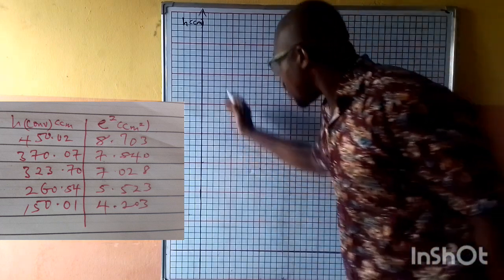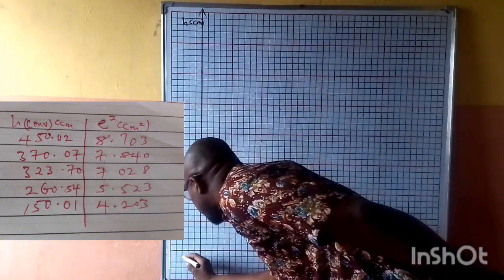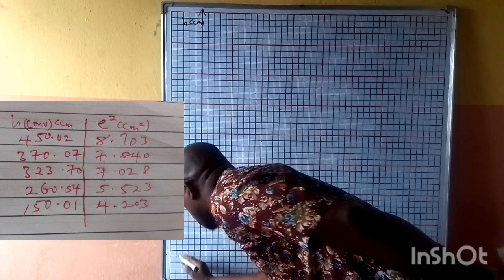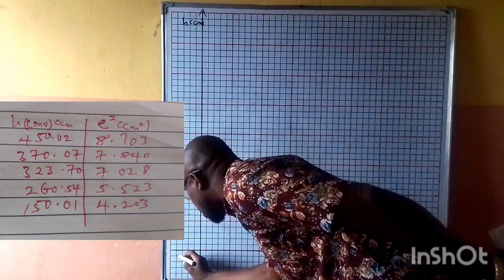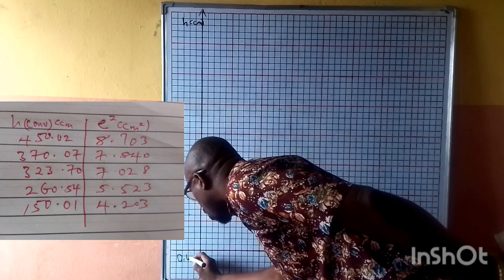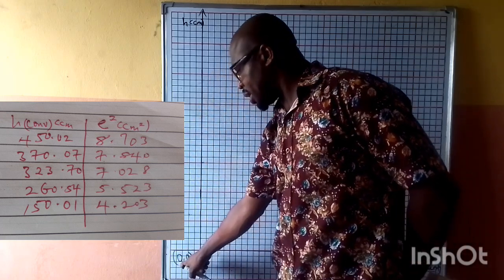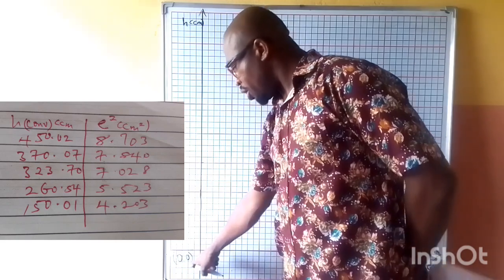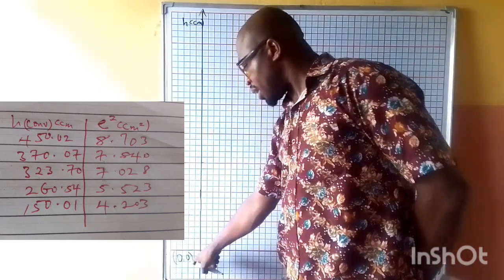Now, after indicating your axis, the next thing we'll have is here, because we are starting from the origin. If you are starting from the origin, please indicate it as 0, 0, meaning that the horizontal axis is starting from 0, while the vertical axis is starting from 0.